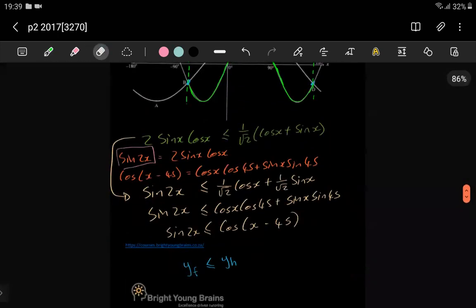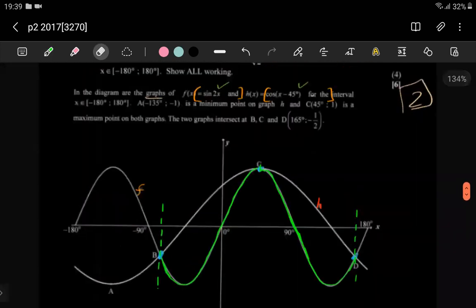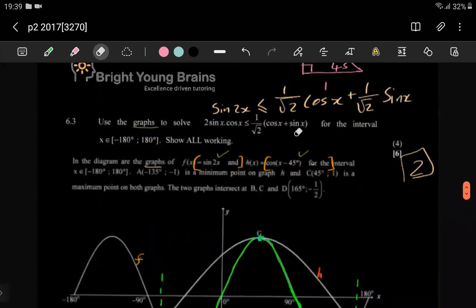The question is literally asking for an interval. They said use the graphs to solve this inequality for the interval where x is between -180 and +180.